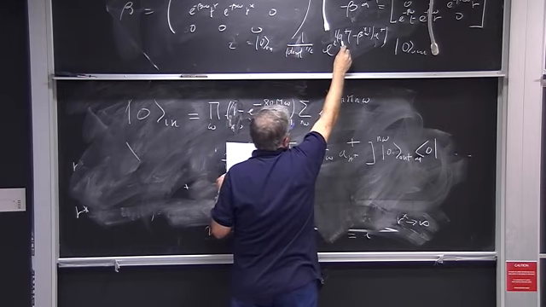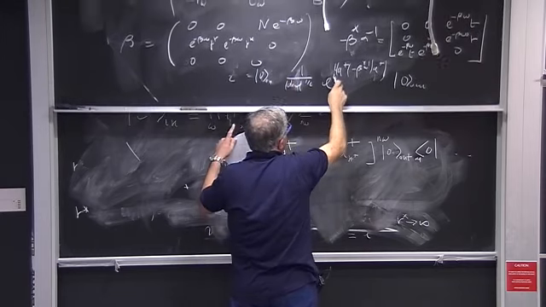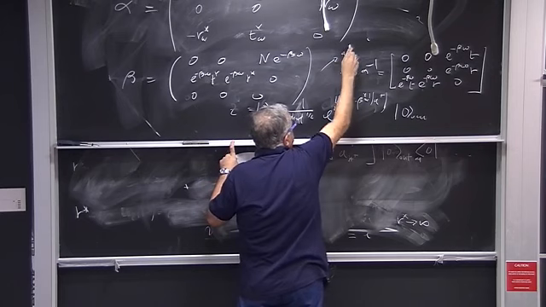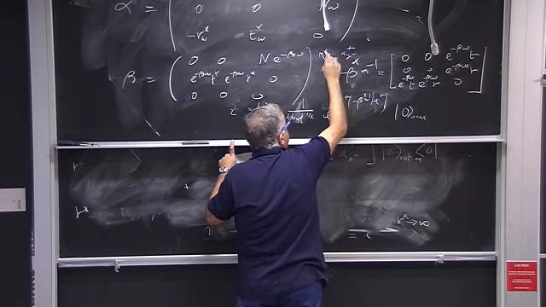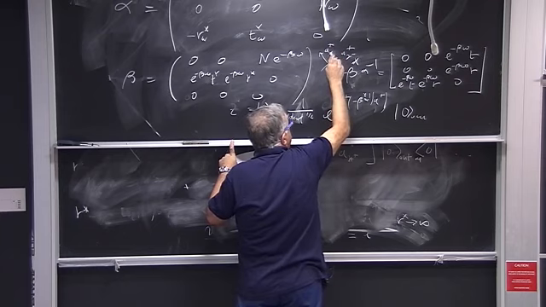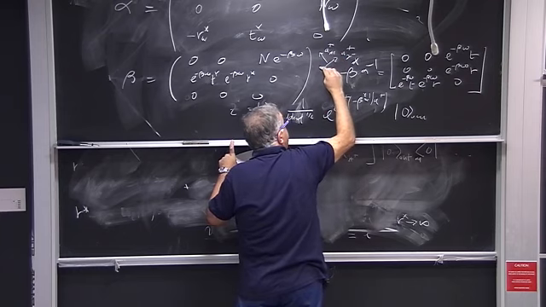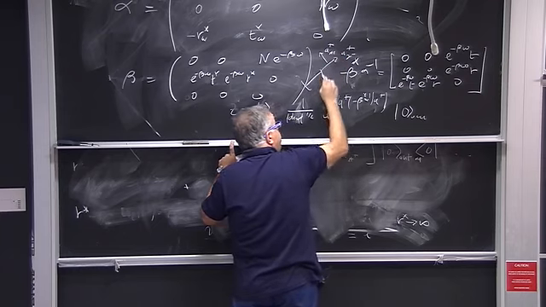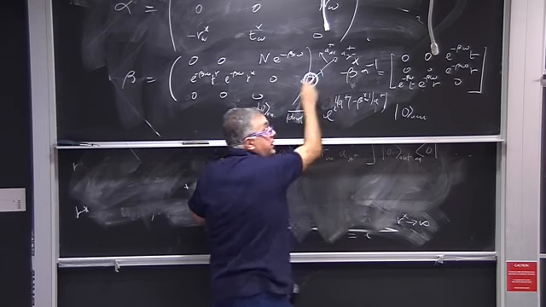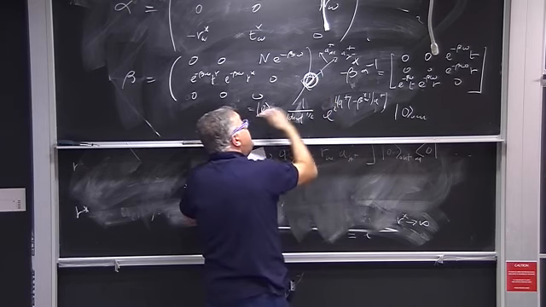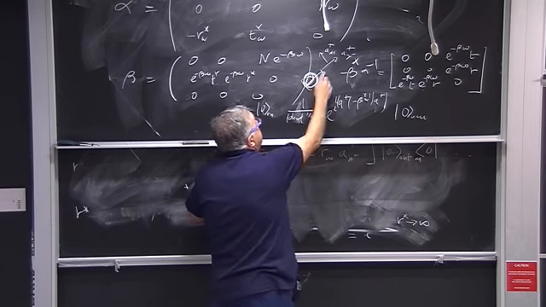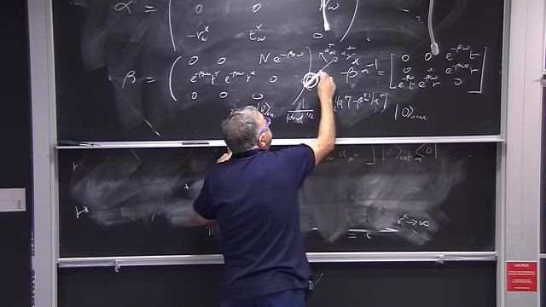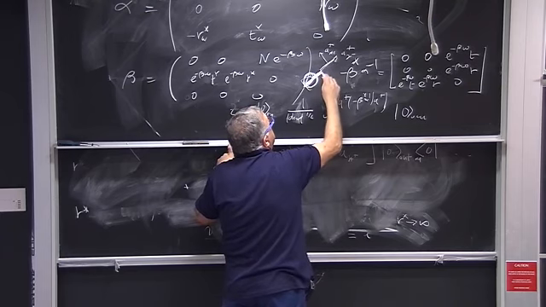Here you get the operators of creation, alpha dagger sky, alpha dagger H1, and alpha dagger H2. The alpha dagger H2 is creation of particles which are inside the black hole, you see? Because this is the part of the horizon which is inside the black hole.